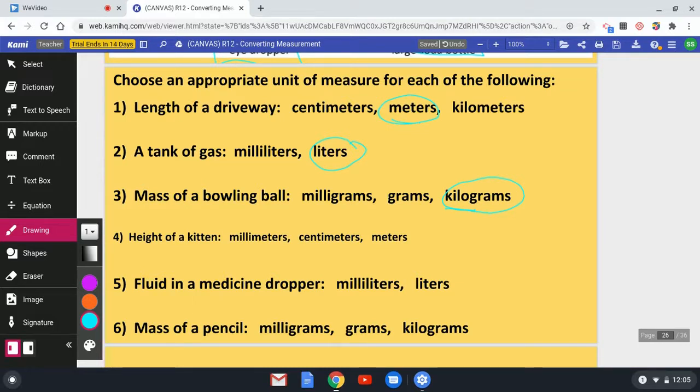Number 4, we would measure the height of a kitten in centimeters. Fluid in a medicine dropper, milliliters. And the mass, or how heavy a pencil is, we would measure in grams. I could also see an argument for milligrams, depending on if you have one of those teeny tiny ones at the very bottom end of a pencil. But we would use grams most of the time.